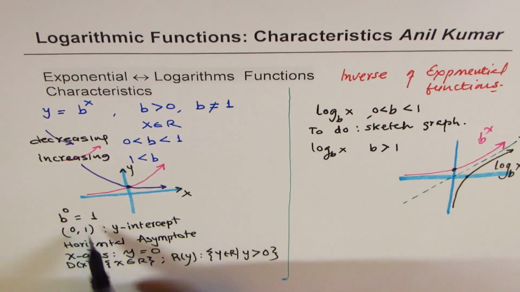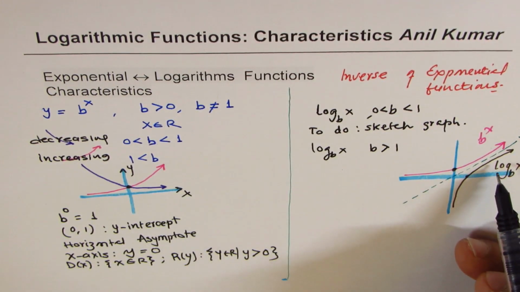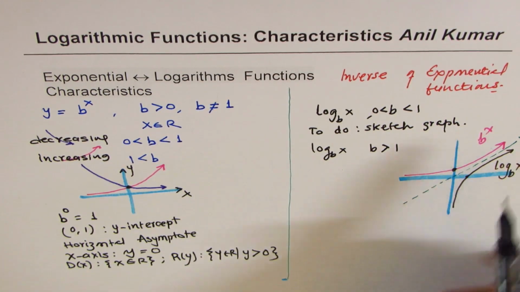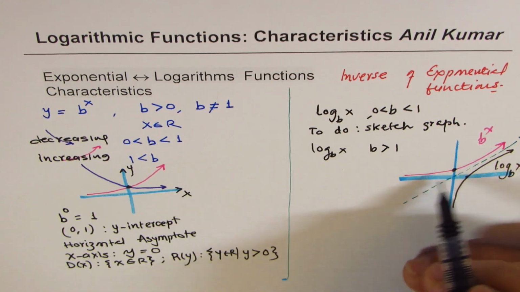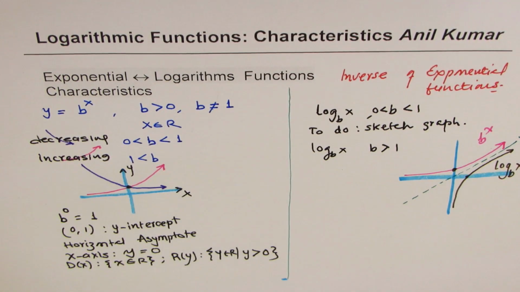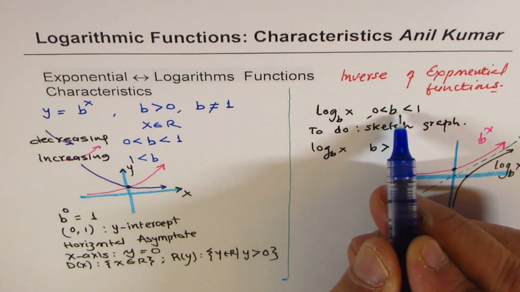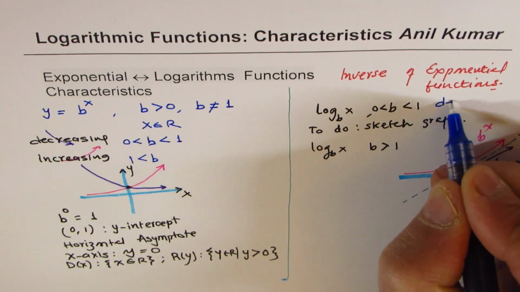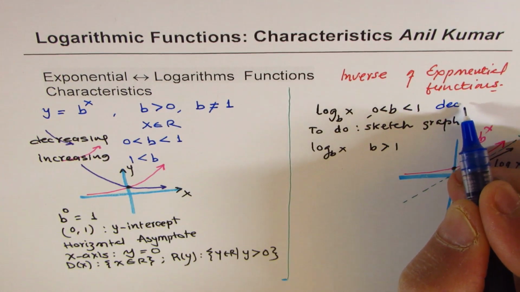Now let's talk about these characteristics. Since we know it is an inverse function, wherever we have decreasing, it remains decreasing, and increasing is increasing. So if b is between 0 and 1, then the logarithmic function should be decreasing, right? Since the exponential function is decreasing, both are the same thing, just the inverse of one another.